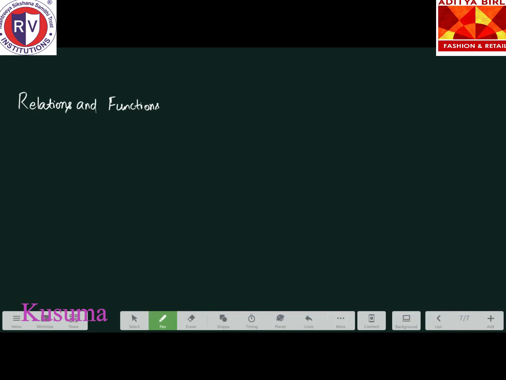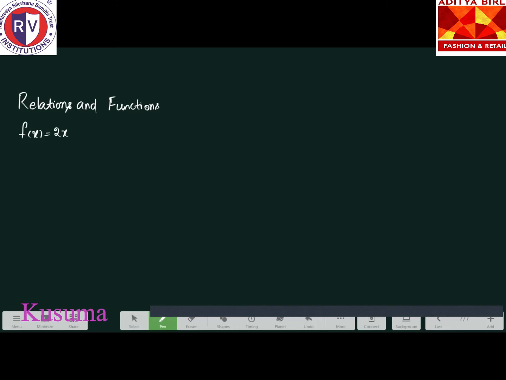If f of x is equal to 2x square, find f of 3.8 minus f of 4 divided by 3.8 minus 4.